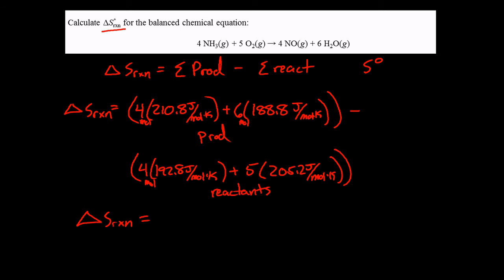So 4 times 210.8 plus 6 times 188.8, that answer minus 4 times 192.8 plus 5 times 205.2. The change in the entropy for this reaction is positive 178.8 joules per Kelvin.